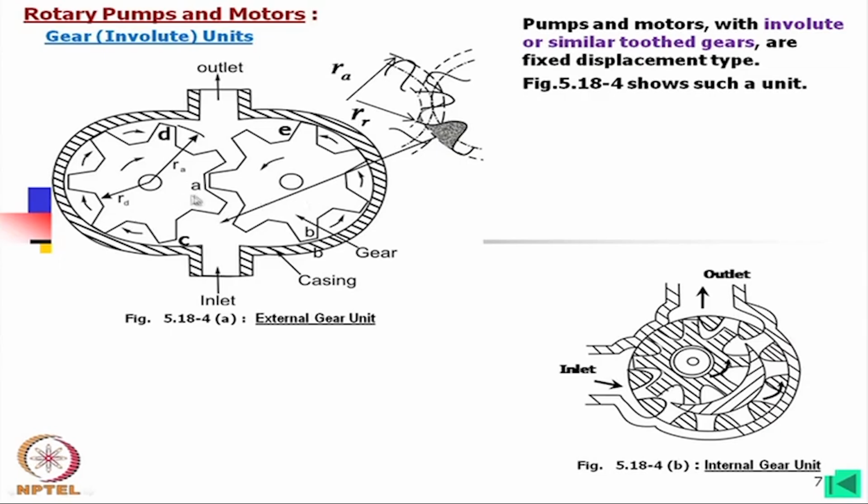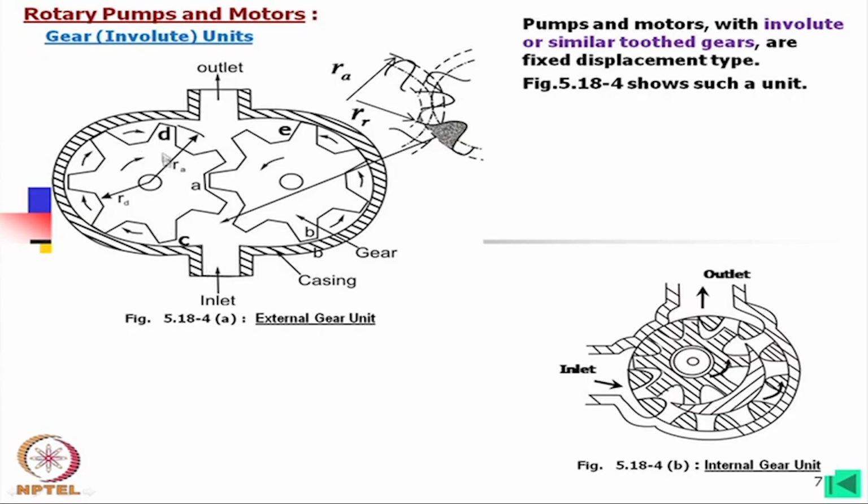If we consider this area between A, C and B, let us consider C has just touched the casing, and A is the contact point here. You will find that this area A, C, B is expanding while it is rotating, and the next moment another set will come in.